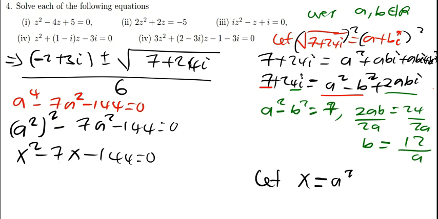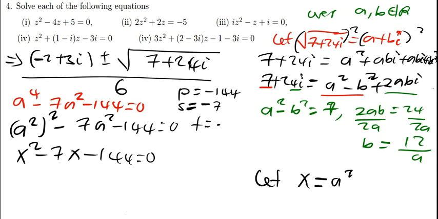Now this is a quadratic equation, so we have the product as negative 144 and the sum to be negative 7. What are the factors? Okay, so the factors are negative 16 and positive 9, because negative 16 times positive 9 is negative 144, and negative 16 plus 9 is negative 7.